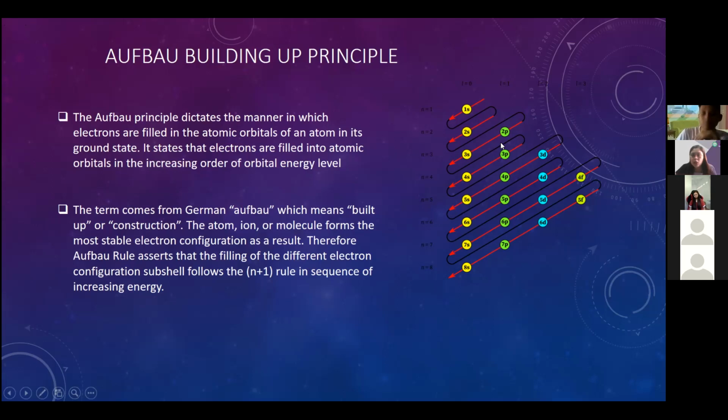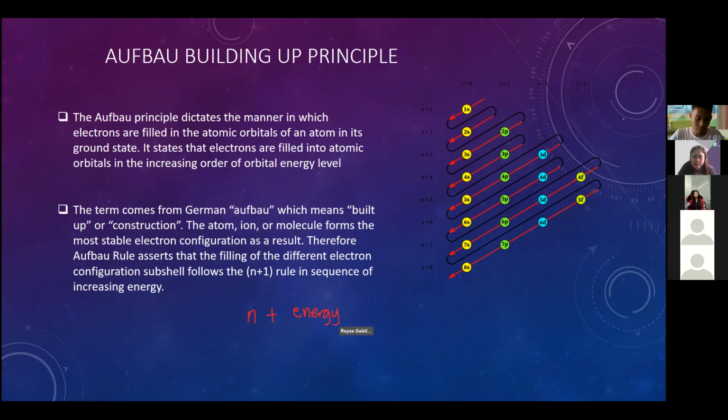So again, lower energy level orbital first before we go to the higher or larger energy level. So what we follow in the prediction of whether it is a lower energy level or higher energy level is just n plus our energy shell.